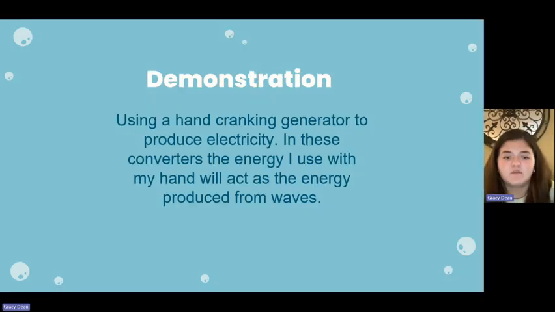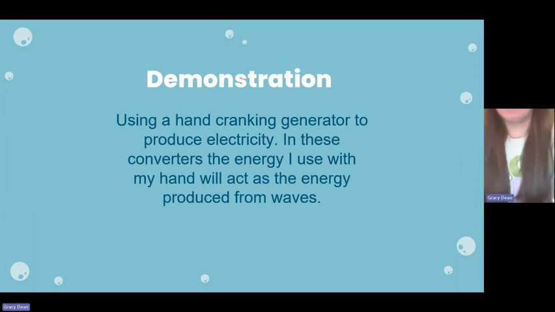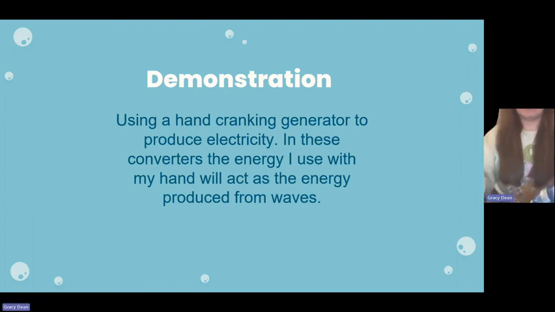For my demonstration, I'm going to be using a hand cranking generator to produce electricity. These can convert into energy, and when I use my hand, this will be acting as the waves. So right here I have my hand cranking generator and my light circuit.